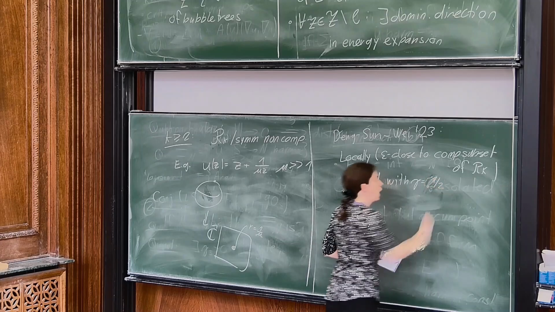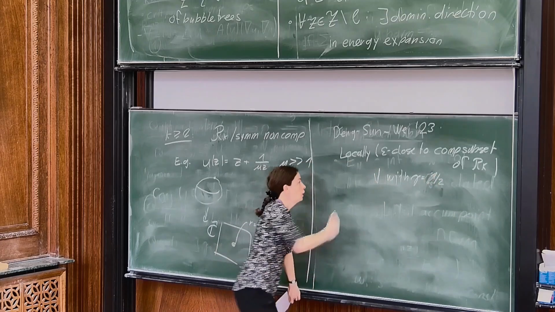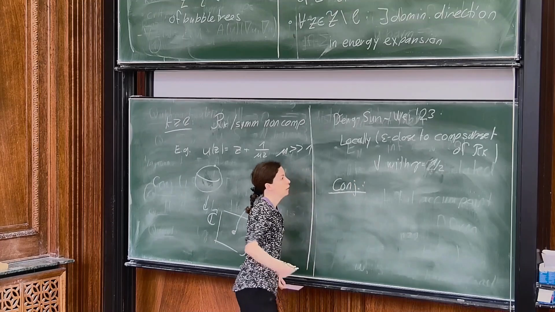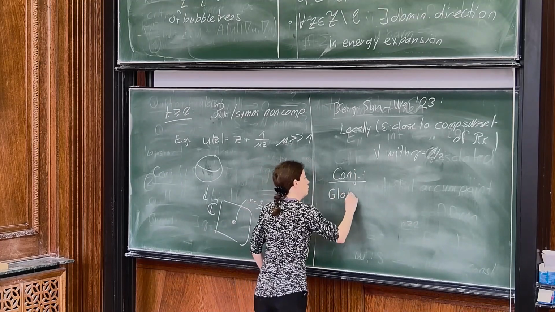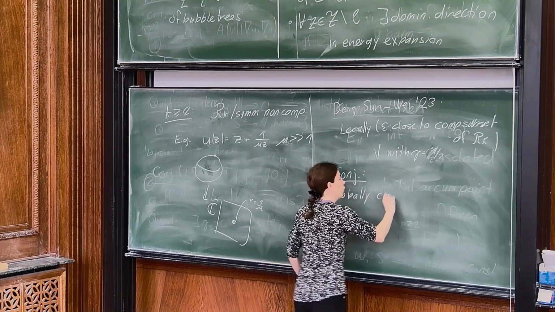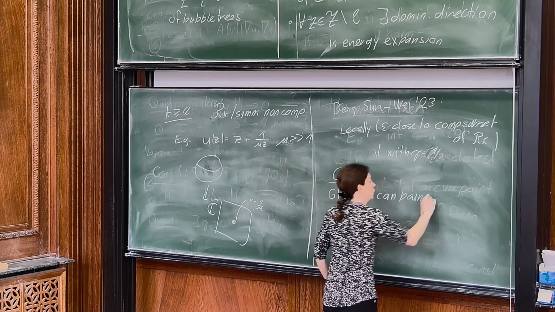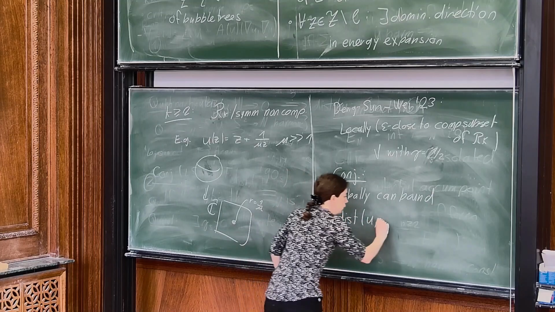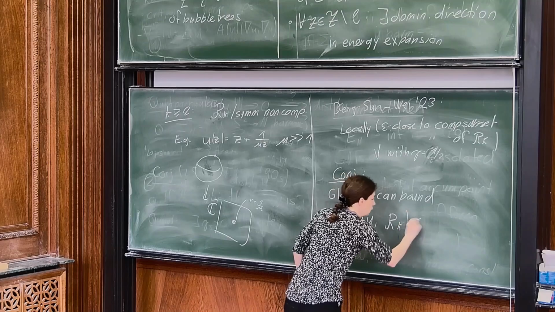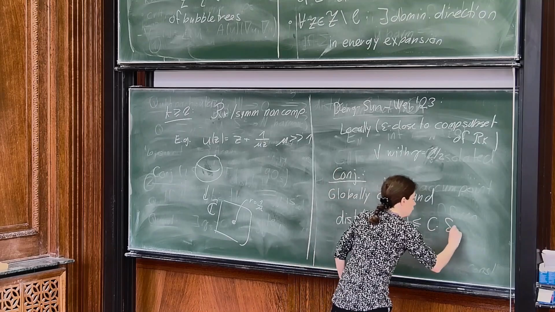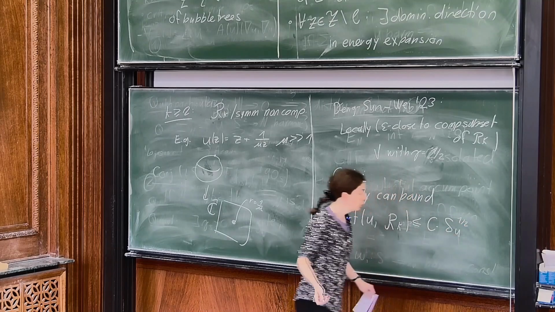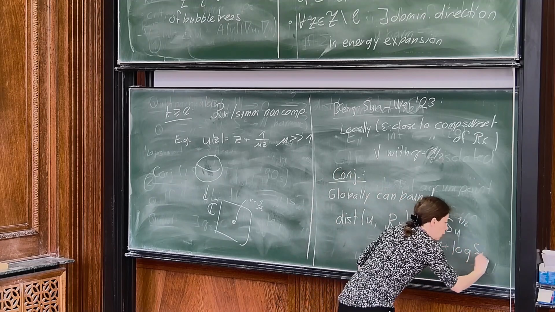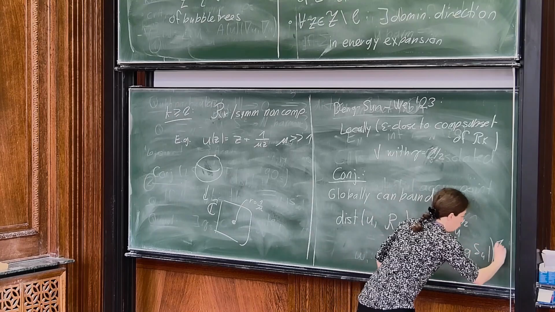Globally, gamma is a half doesn't work, but what they conjectured in their paper was that globally we can bound the distance of any degree k map to the rational guys by c times delta u to the half. So the optimal thing with a small correction. And the small correction should have logarithmic form to the power of half.